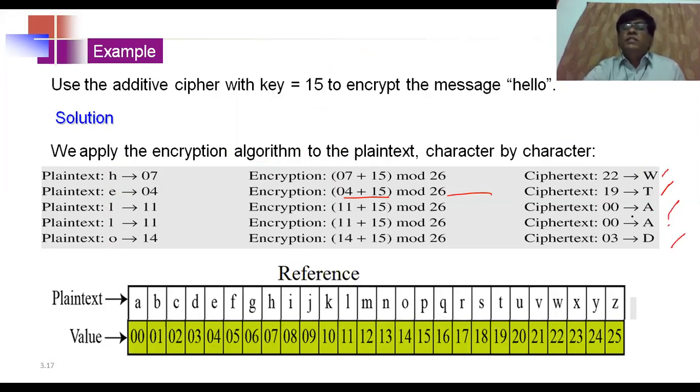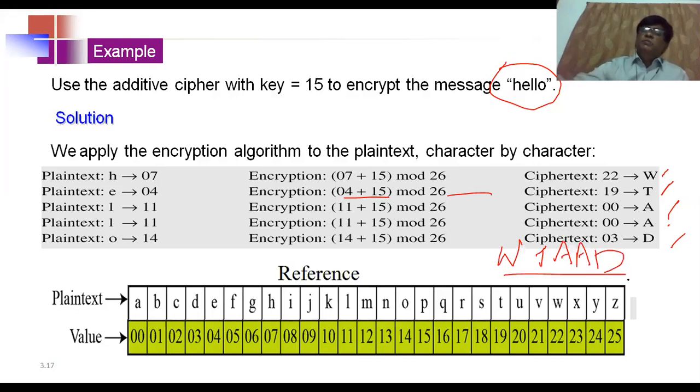So what is the ciphertext for the word hello? The ciphertext for hello is W T A A D. So this is the ciphertext that I am sending to the other side person.